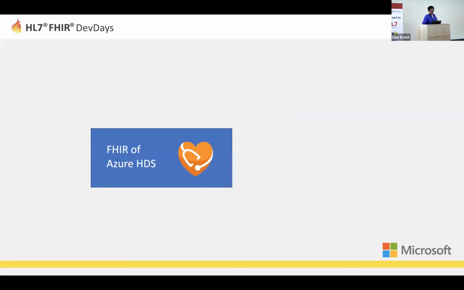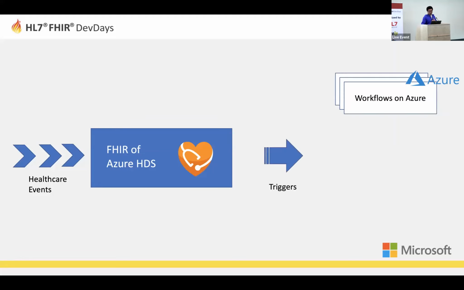Okay, so let's examine our solution at this moment. We have the FHIR service of the Azure Health Data Service. We have the healthcare events flowing, like your heartbeat, your oxygen saturation rate, whatever healthcare events are getting into the FHIR service. And we are going to trigger workflows on Azure.